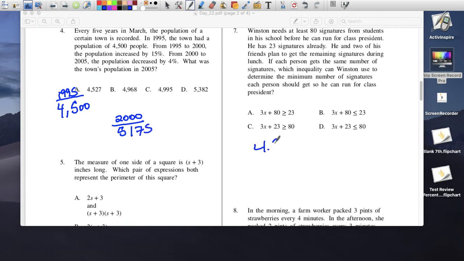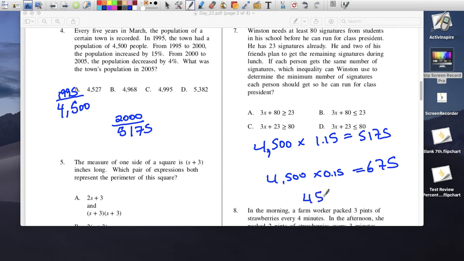You could have done it two ways: 4,500 times 1.15 gives you 5,175. Or if you did 4,500 times 0.15, that equals 675, right? That's the increase of population. So if you add 4,500 plus 675, you get 5,175. So either you do method 1, which is more practical, or method 2. It doesn't really matter. So in 2000, you had 5,175 people.